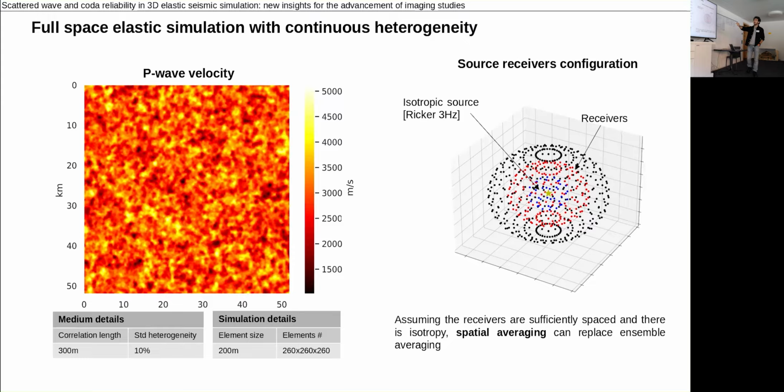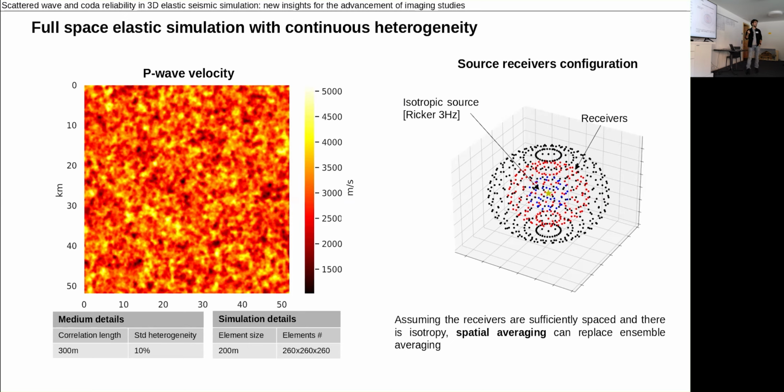We have a slice of the medium, so the medium is a 3D medium. Here I just show a slice with 10% standard deviation heterogeneity, so the fluctuation, and the heterogeneities are Laplacian correlated. So what we did is to put ourselves in conditions of complete symmetry. We consider the full space medium, so no absorbing boundaries, only absorbing boundaries.